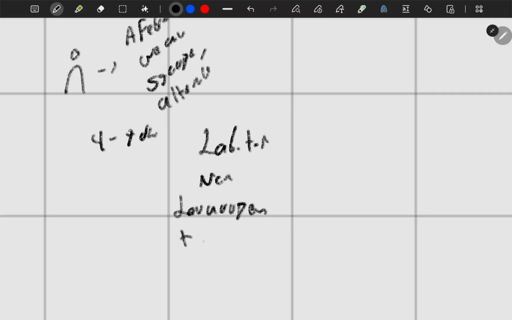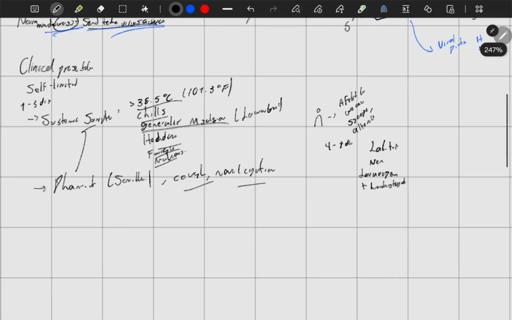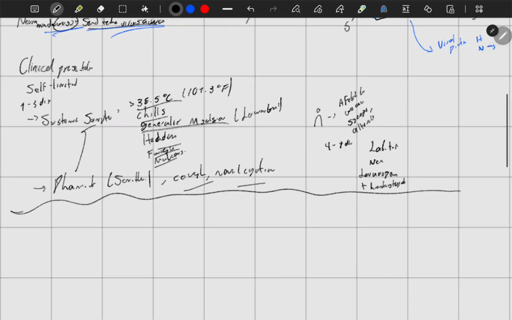And chest imaging is typically clear, completely normal. This is uncomplicated influenza.